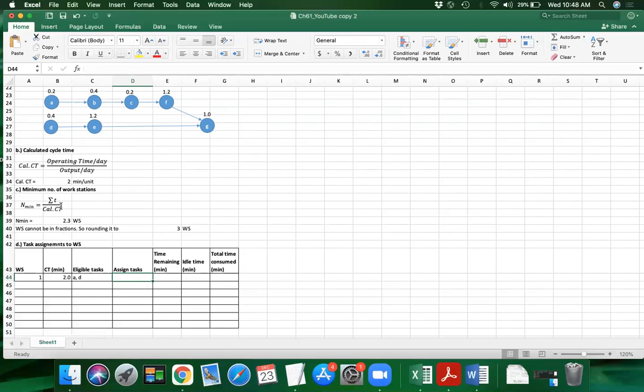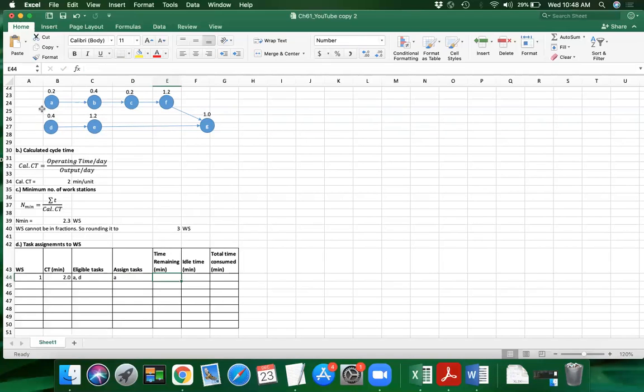So rule number 1 is to count the number of followers for each task. For A, you have 1, 2, 3, 4 tasks following. For D, you only have 2 tasks following. So the rule says to assign the task which has more followers. So we are going to assign A here. How much time is remaining?